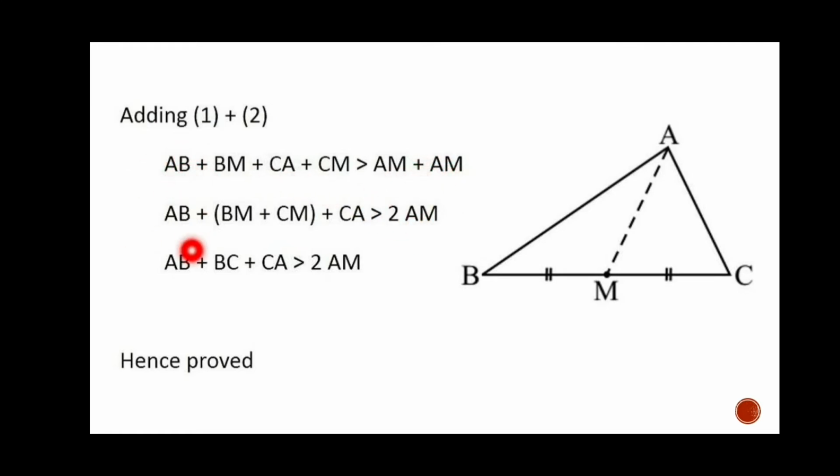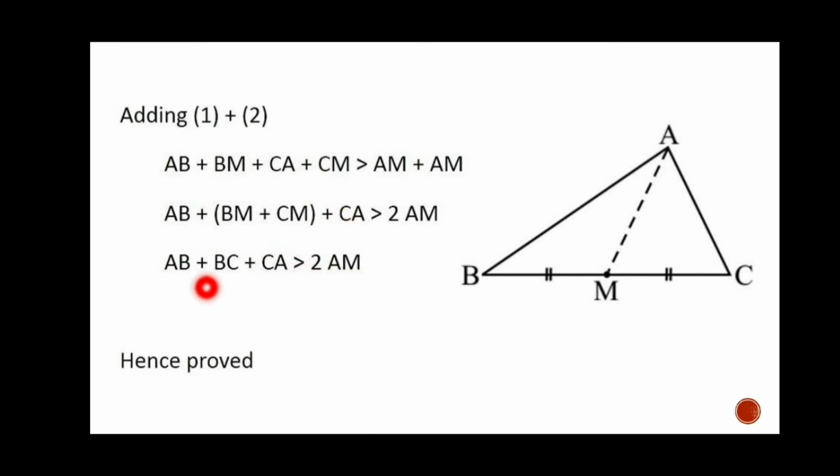From here, AB plus BM plus CM we write in a bracket, because BM plus CM makes the complete side BC. So AB plus BM plus CM is BC, plus CA, is greater than 2AM.